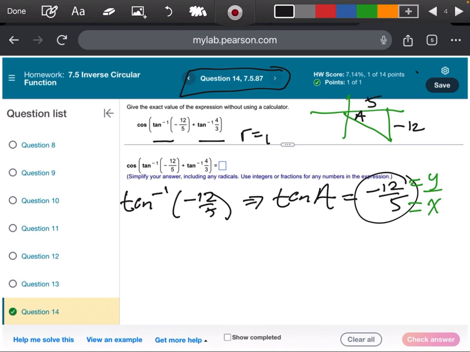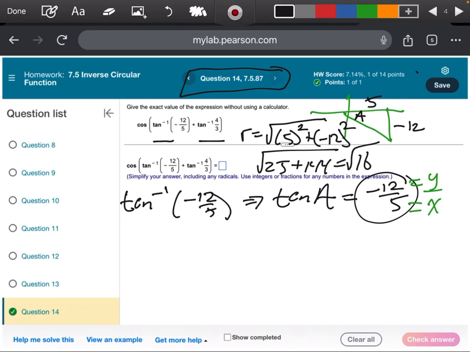I want to find the value of r, so that's going to be 5 squared plus negative 12 squared, 25 plus 144, the square root of 169, that's going to be 13. So my r here is going to be 13.